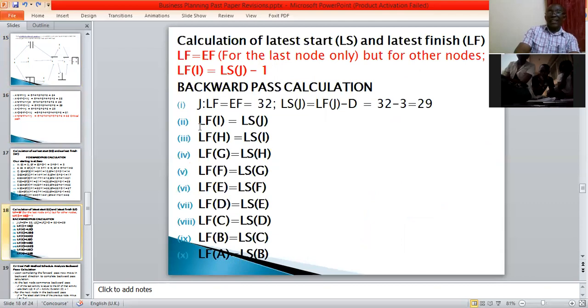So for us to find the latest finish for I, okay, let's start with J. The latest finish for J is equal to earliest finish.